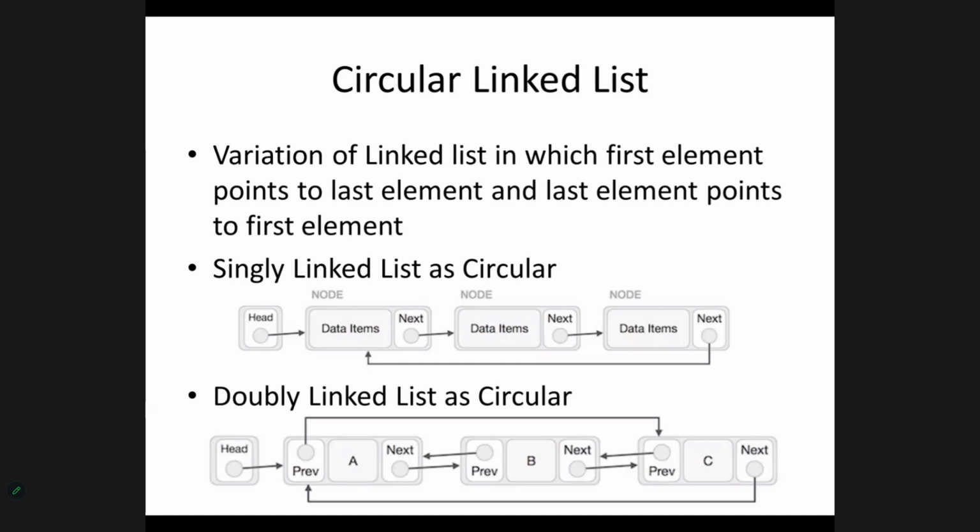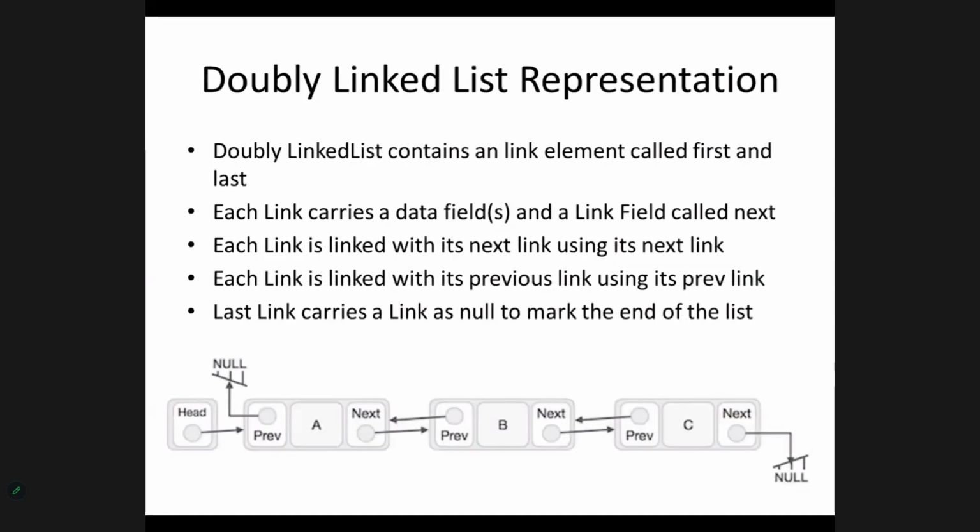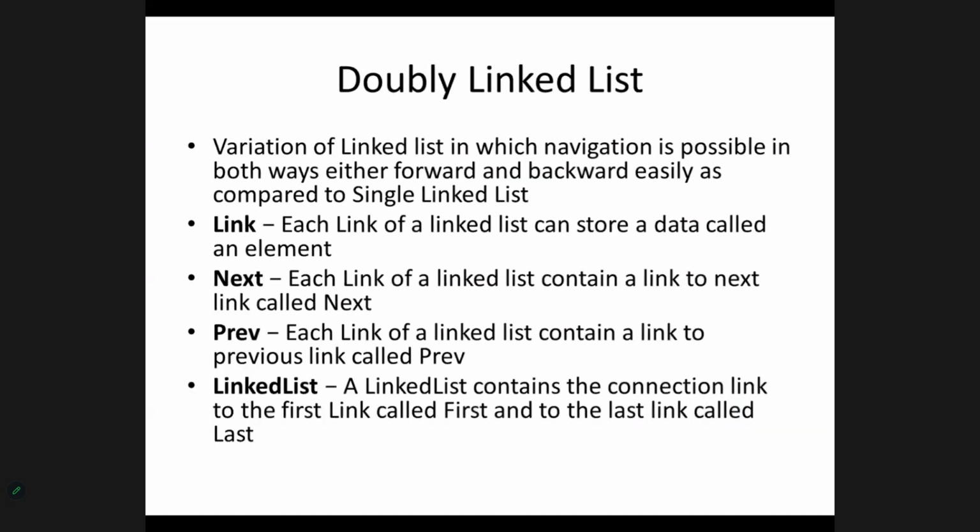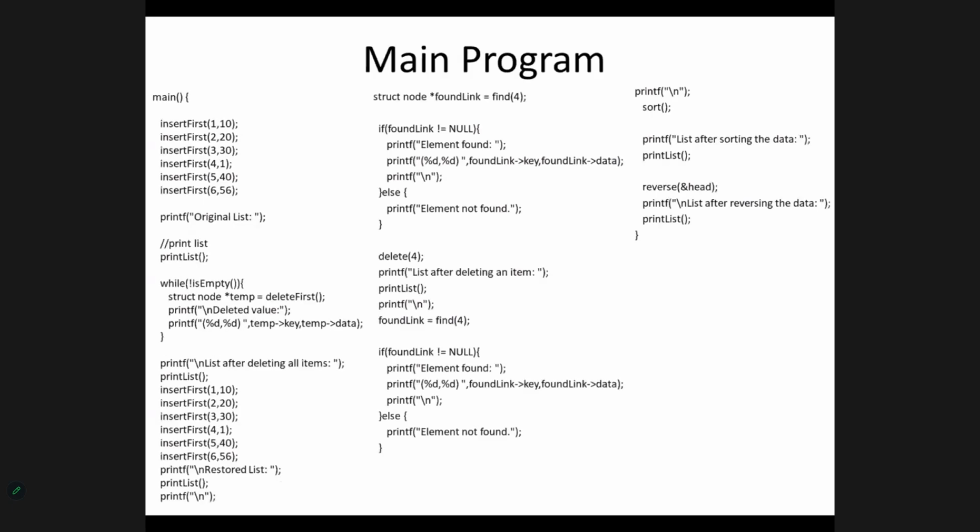Okay, so last time I think we stopped here, right? So we discussed different types of linked lists, and before that we discussed the operations associated with single linked list, right? So we were able to write the program as well.